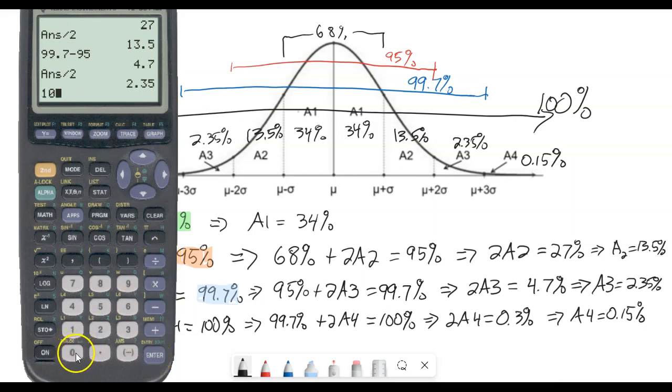And finally, 100 minus the 99.7, divide by 2. So you can generate those numbers very quickly by just subtracting the consecutive numbers in the 68, 95, 99.7 rule, and then dividing by 2. You can generate those quickly on demand as you need them.